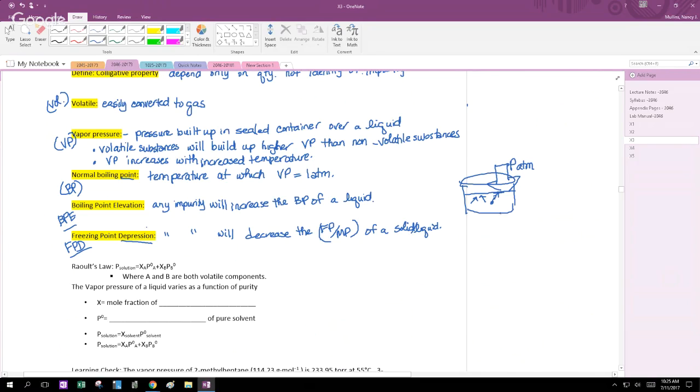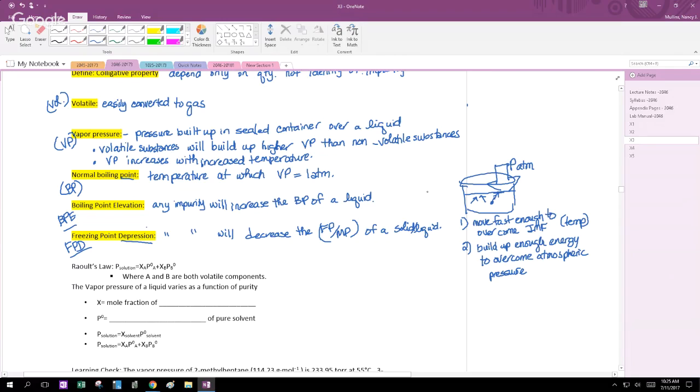So in order for something to boil, it has to move fast enough to overcome the intermolecular forces. And secondly, that's where the temperature part comes in, it has to build up enough energy to overcome atmospheric pressure. And then finally, it can escape into the gas phase.